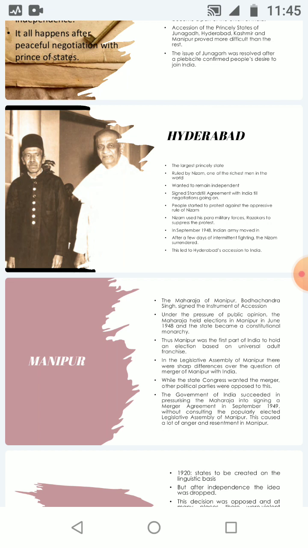He even ordered his military force, the Razakars, to suppress the protests which were happening all over the state, as the public wanted to become part of the Indian Union. When the situation became uncontrolled, the Indian army entered Hyderabad, and within a few days the Nizam was forced to surrender. In this way Hyderabad became part of India.